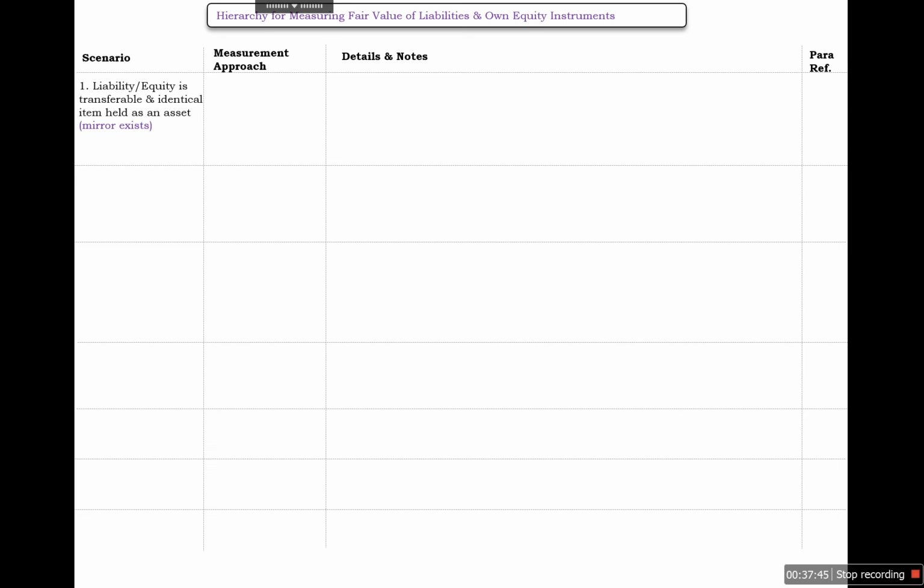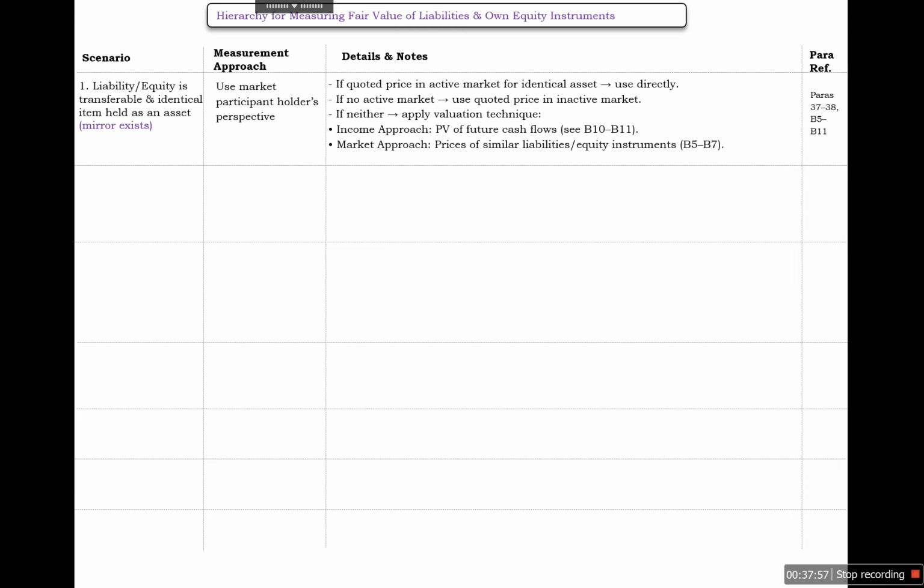In this case, we need to use the market participant holder's perspective to evaluate the liability or equity. If a quoted price is there, we need to use the active market for the identical asset. For example, a bond issued: company A issued 10,000 debentures of face value 1,000.